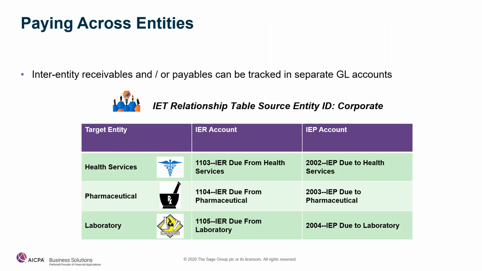inter-entity. So in the case of paying AP bills, it could be in these multiple facilities that most of the time they pay their own bills out of their own bank. On occasion, it may be that corporate or another entity pays a bill on behalf of one of your facilities.